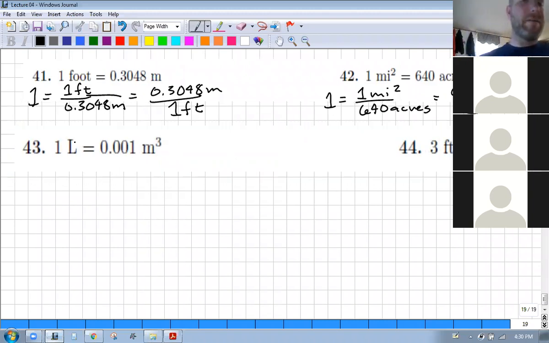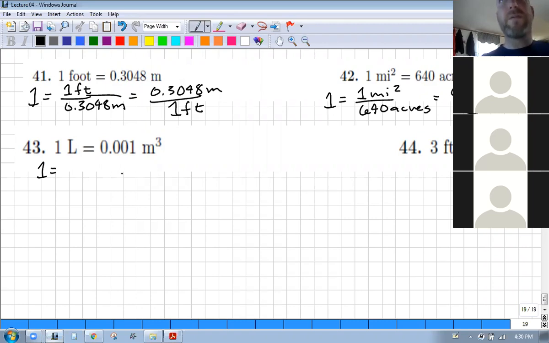So a liter, remember a liter is a volume, like a volume of liquid. 1 liter is, what is this? Not a tenth, not 100, 1,000th of a meter cubed. Okay. So I think that's a cubic millimeter.